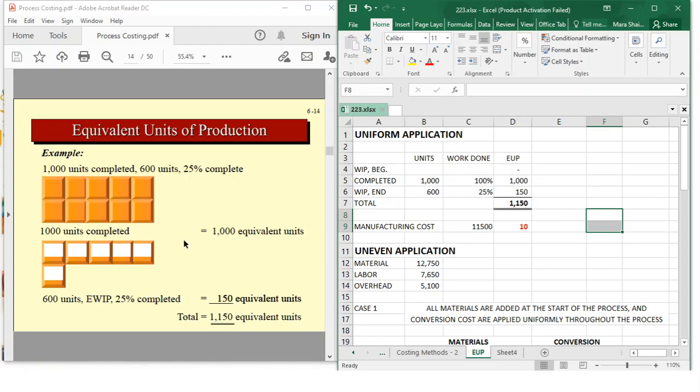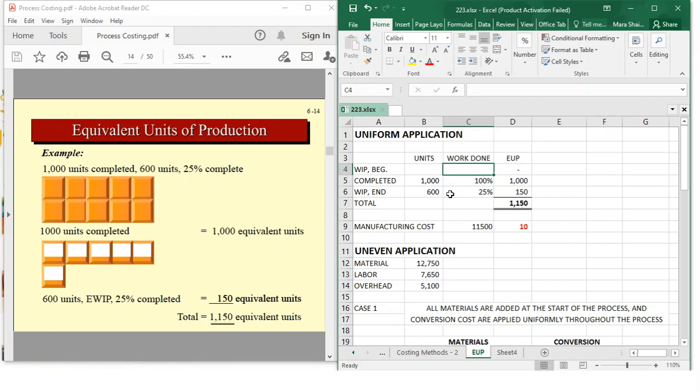Now, in the first example in the slide, you have here, if it is uniform application, your EUP is computed this way under uniform or even application.